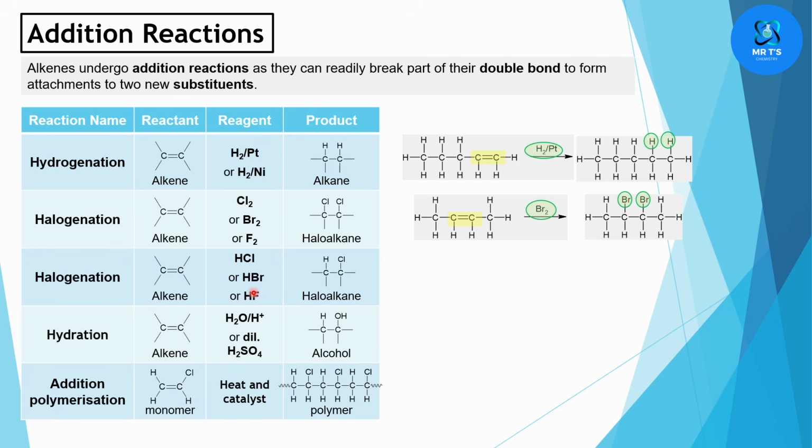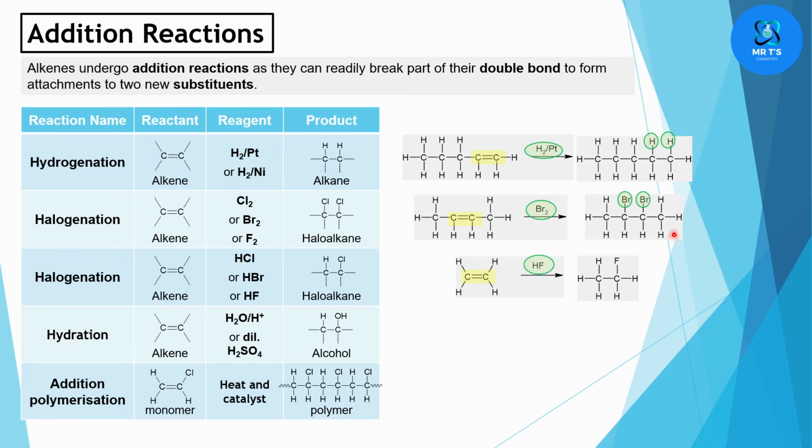Okay, so the next type of way that we can carry out a halogenation is we can add hydrogen chloride, hydrogen bromide, or hydrogen fluoride. So that is a molecule that has a hydrogen and a halogen attached. In this case, we're using hydrogen fluoride. So if we break this double bond, of course, we have two atoms available to attach, a hydrogen and a fluorine. And so we add the hydrogen and we add the fluorine.